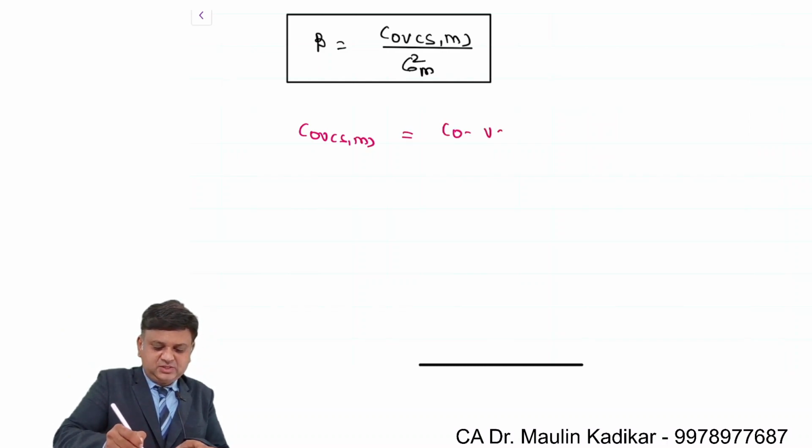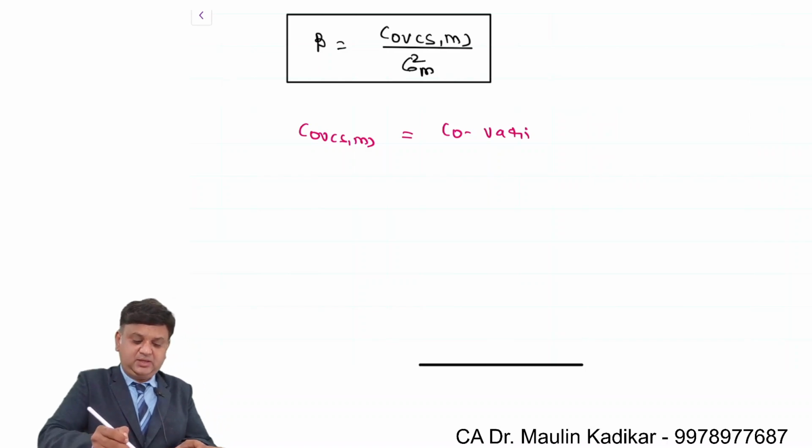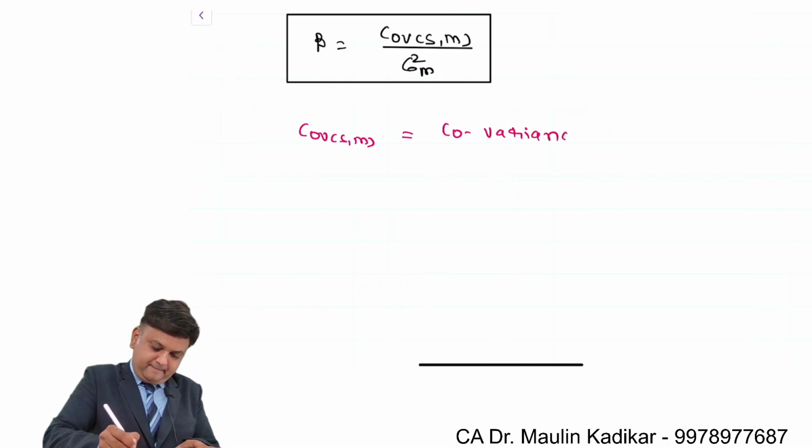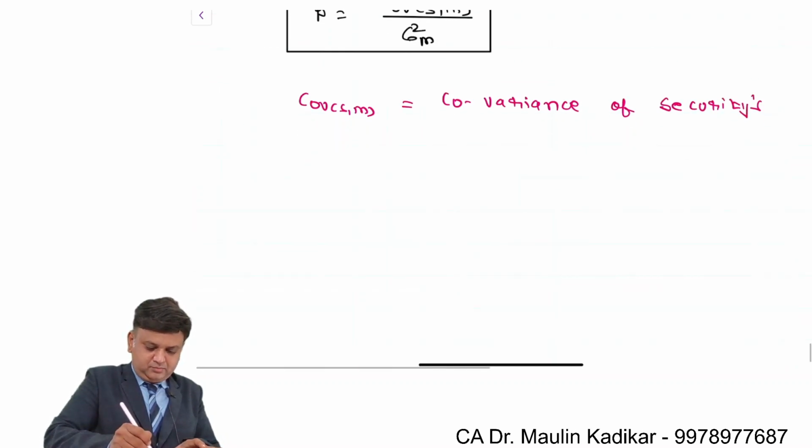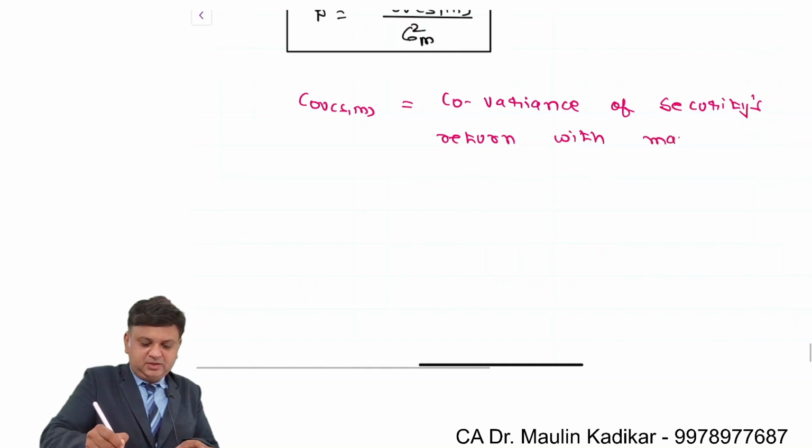This is covariance, or we can say it is the co-movement of the security's return with market return.